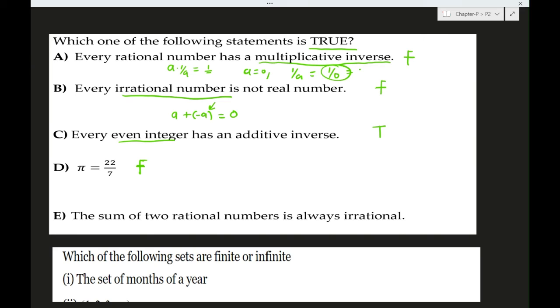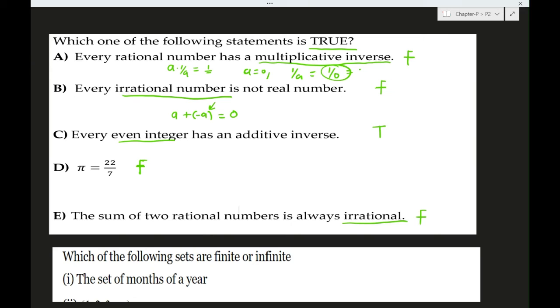Then the sum of two rational numbers is always irrational. This is also false. Why?